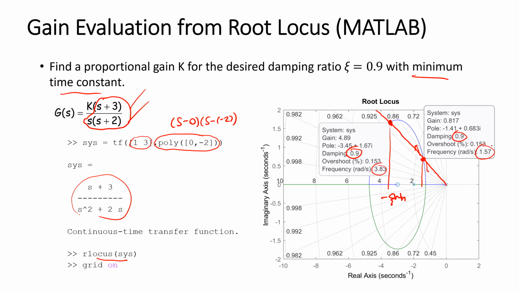That means the system is fast or slow. High frequency is fast, and same damping ratio, so same percentage of the overshoot. They also show the location of the pole.